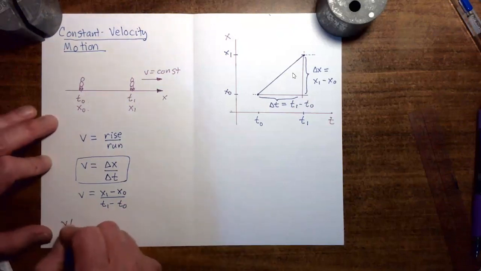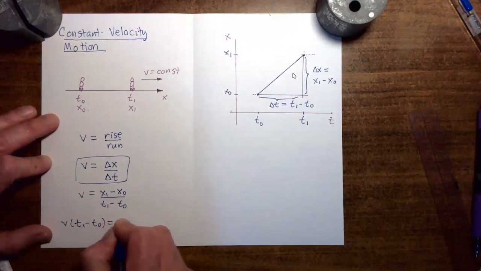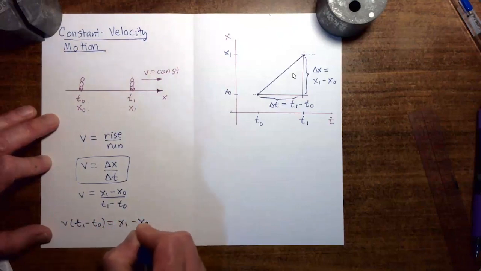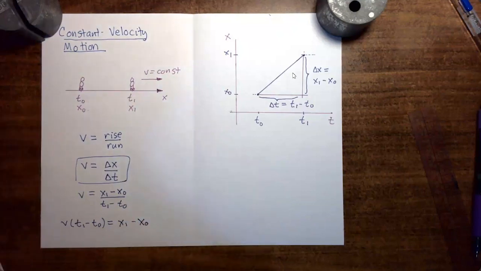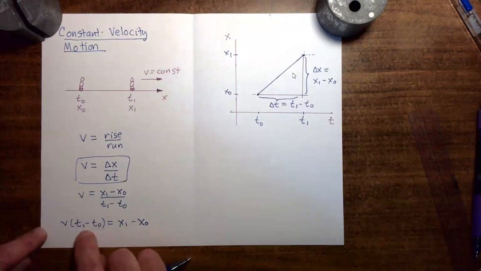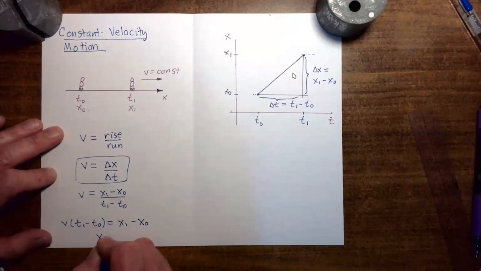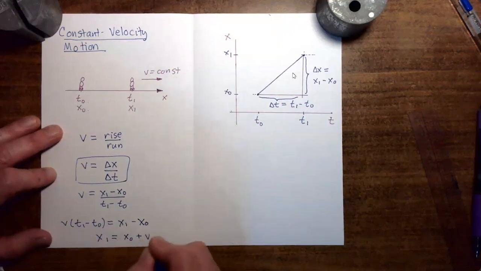So now I have v times t1 minus t0 equals x1 minus x0. Now I'm going to take that minus x0, move it to the left, and then switch the sides of the equation, which gives me x1 equals x0 plus v times t1 minus t0.